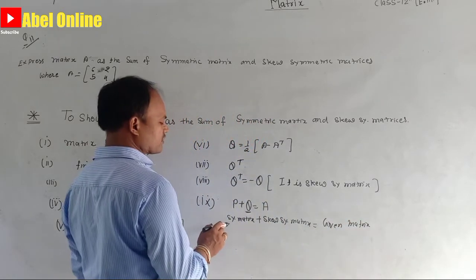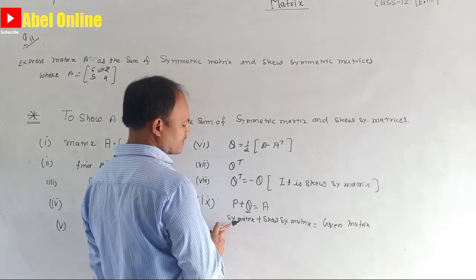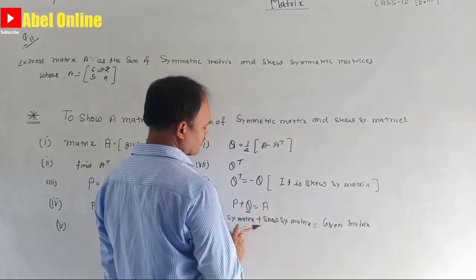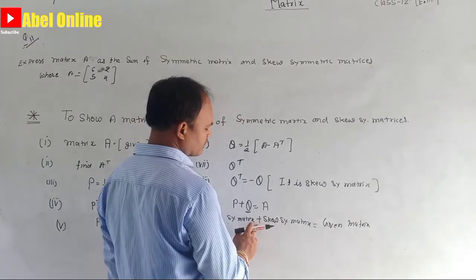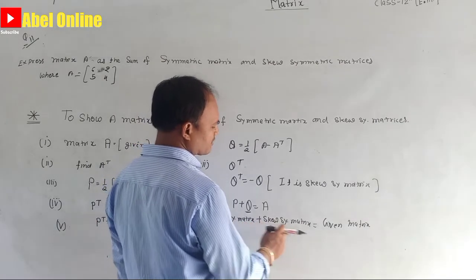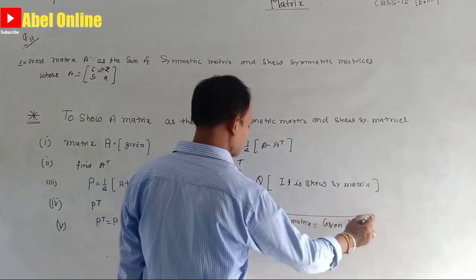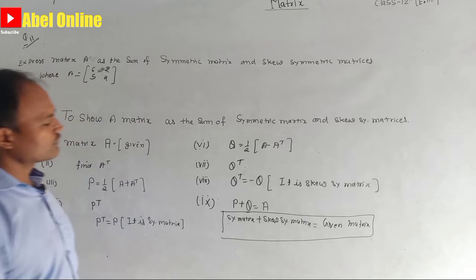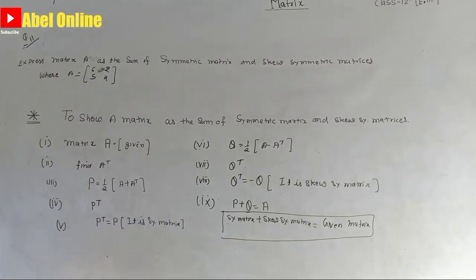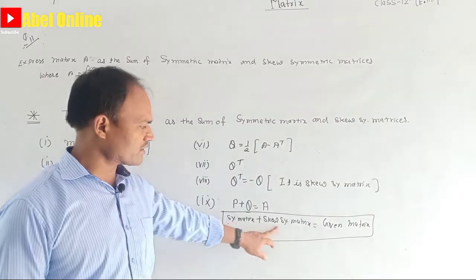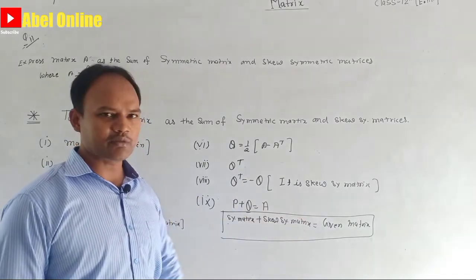So what is the statement? You have to present the matrix as a symmetric matrix plus a skew symmetric matrix, and the sum of the symmetric matrix and the skew symmetric matrix is the given matrix. So this is your statement. So P plus Q is equal to A.